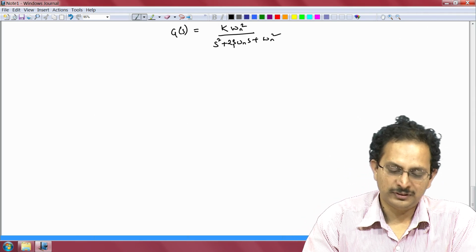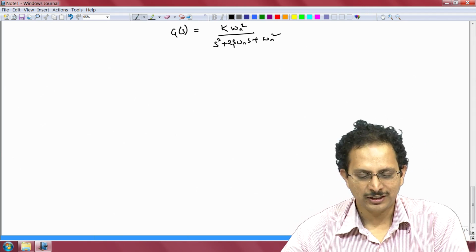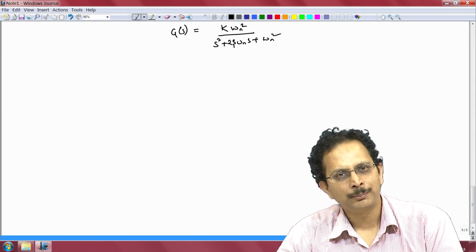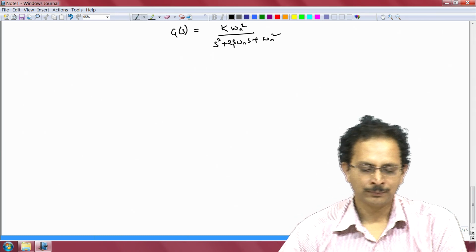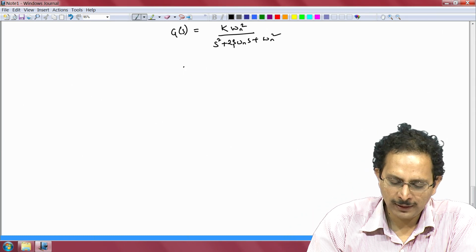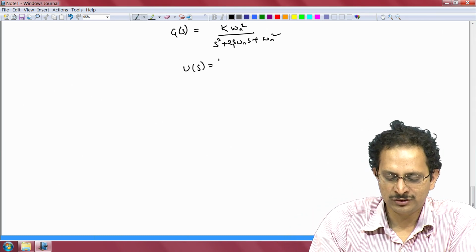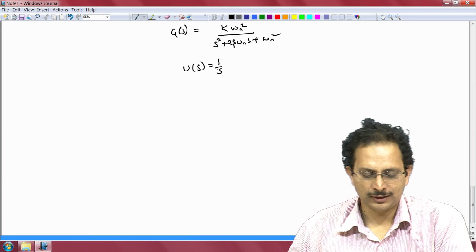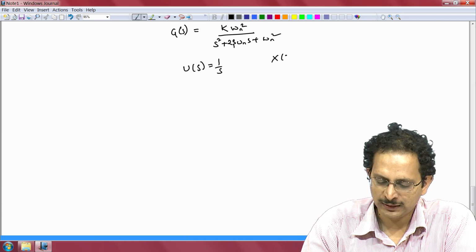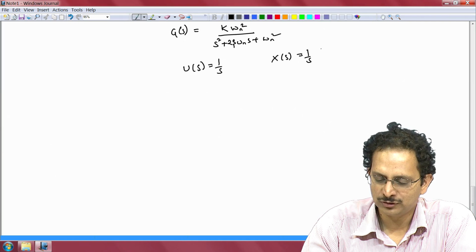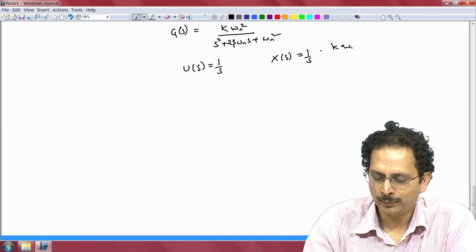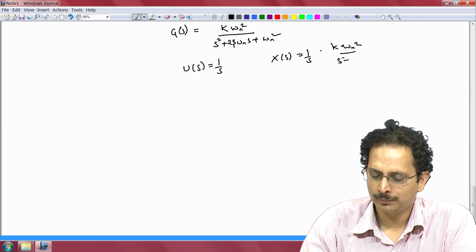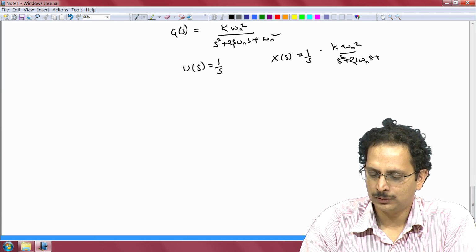Now this typically represents a mass spring damper system or an LCR circuit, and if I were to apply a step input to this system, the response of the system would of course be 1 over s times k times omega n square by s square plus 2 zeta omega n s plus omega n square.